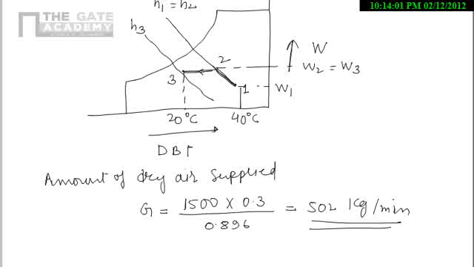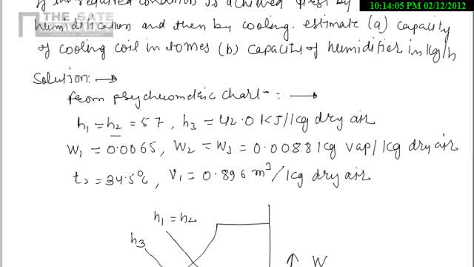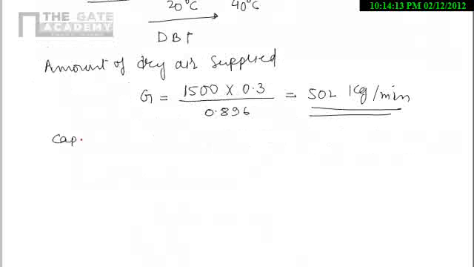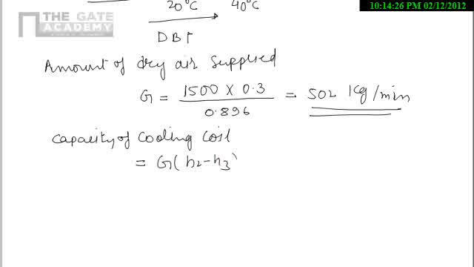We are interested in enthalpy at 2 and enthalpy at 3, so we can easily find the capacity of the cooling coil by G times H2 minus H3.